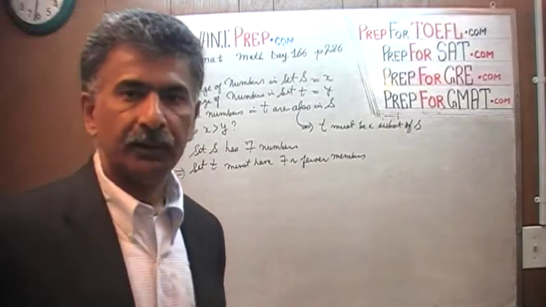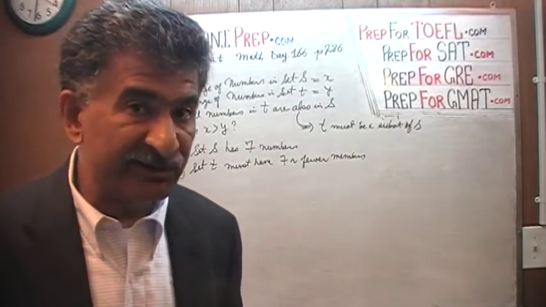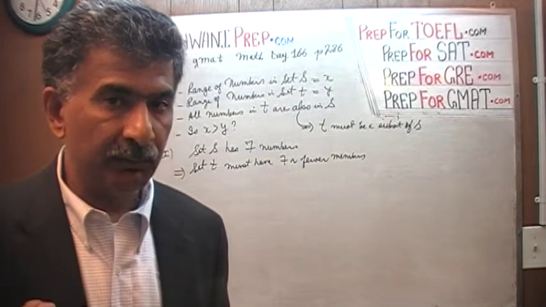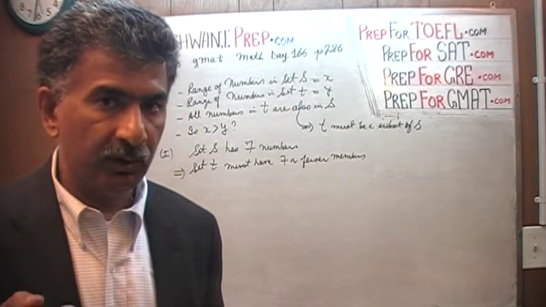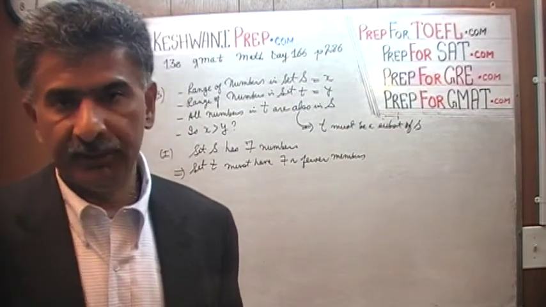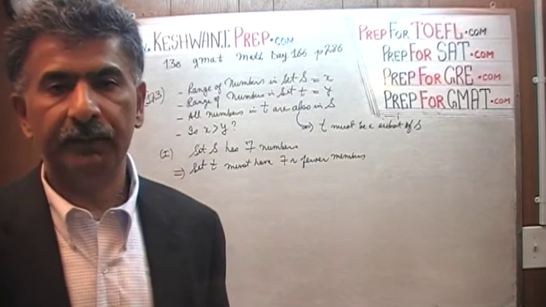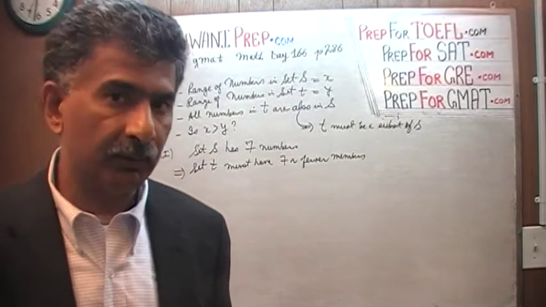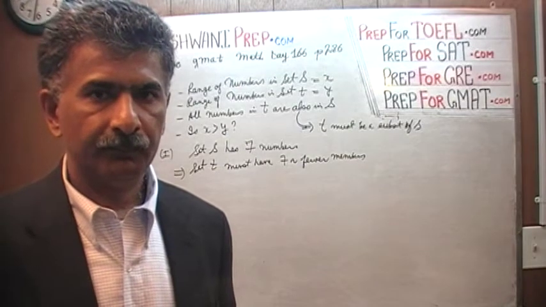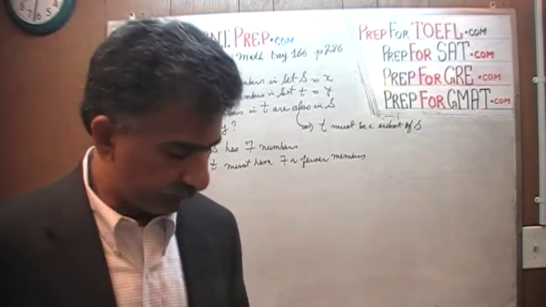It could have as many as 7. It will still be true. If set T had 7 members, it would still be correct to say that all the members in set T also belong to set S. It's just that in that case they will have the same number of elements. Do you understand?